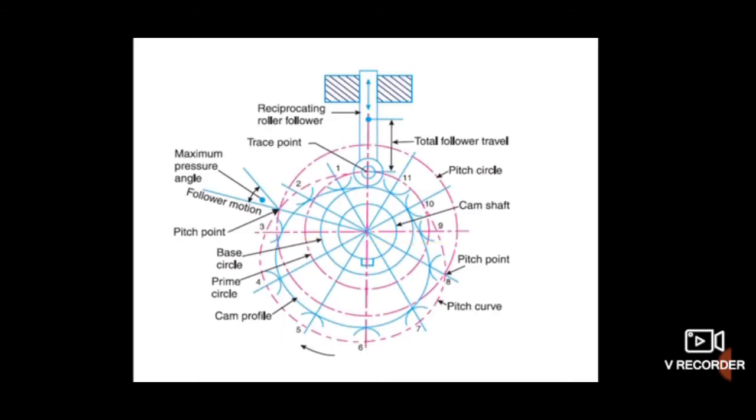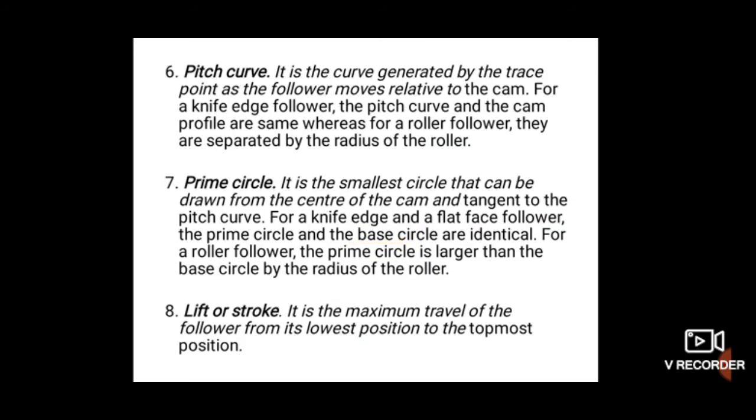So while rotating the cam, if we trace the trace point, the profile generated is known as pitch curve. And in case of knife edge follower, the pitch curve and cam profile both are the same. But in case of roller follower, pitch curve and cam profile are different, and the difference between them is the radius of the roller.